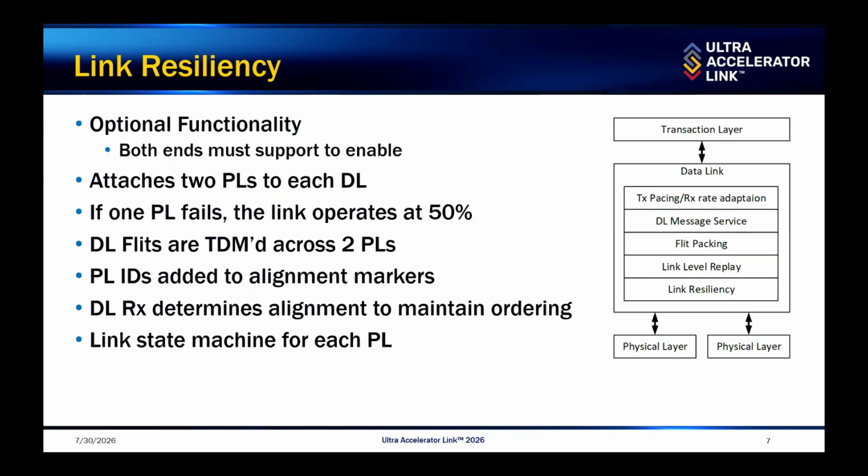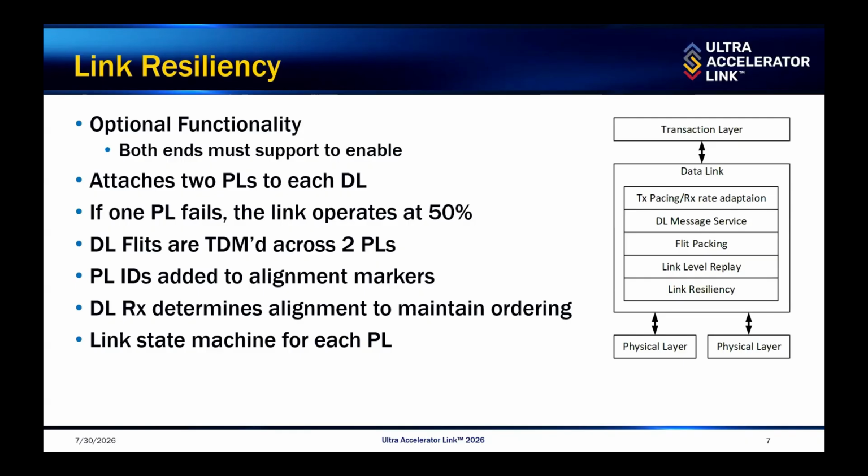On the receive side, we need to make sure that we get the same ordering as on the transmit side. So the requirement that the DL provides in-order delivery of the DL flits that were consumed on one side and then regenerated on the other side is maintained.